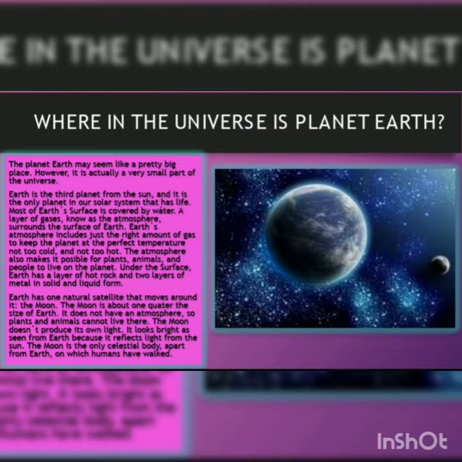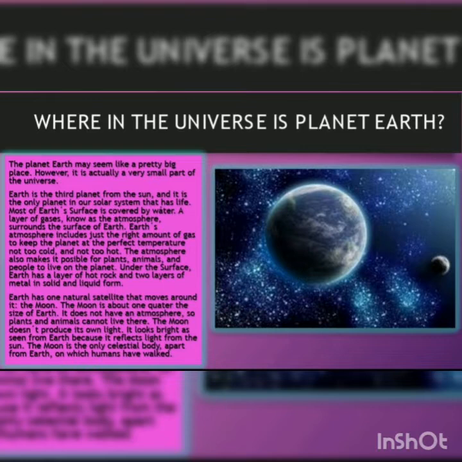The planet Earth may seem like a pretty big place. However, it is actually a very small part of the universe. Earth is the third planet from the Sun, and it is the only planet in our solar system that has life. Most of Earth's surface is covered by water. The rest is land, continents and islands that rise above the water.